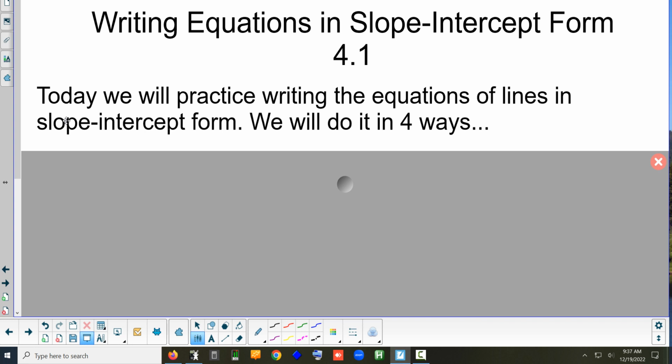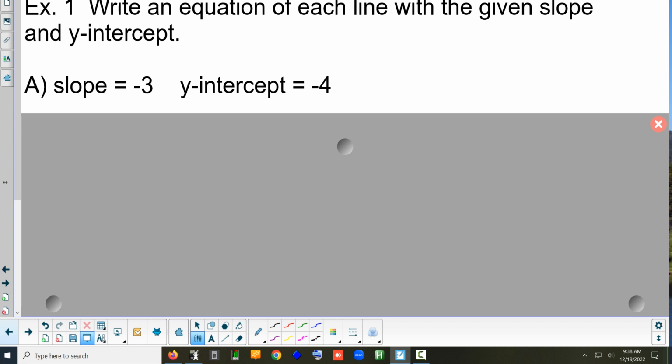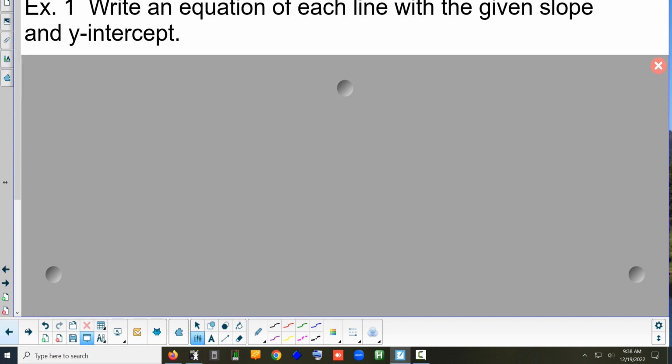So we're going to practice writing an equation of a line in slope-intercept form. And when I say we're going to do it 4 different ways, I mean the kind of information that they give you to do the problem. So sometimes they might give you 2 pieces of information like that and say, write the equation of the line. That's probably the easiest one.